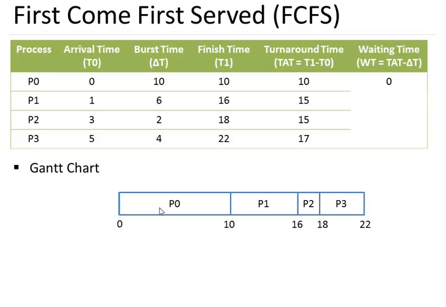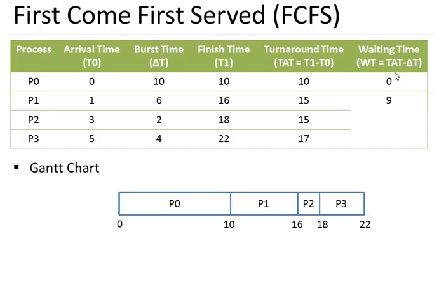That means there is no waiting time for process P0, so this is 0. The formula for waiting time is TAT minus delta T, where this is your turnaround time and this is your burst time. So you have to subtract burst time from TAT.